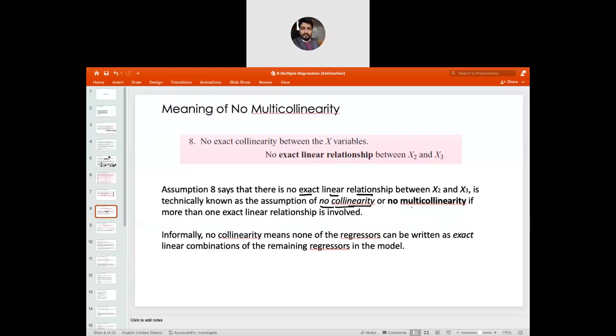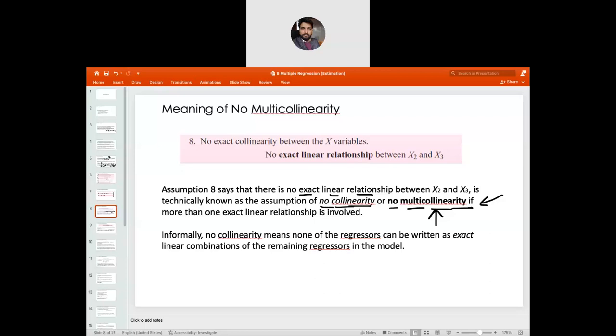Or in other words, to be more precise in terms of terminology, it is popularly known as the assumption of no multicollinearity. We will talk about multicollinearity in great detail in the next chapter, but here also I will explain it a little bit so that you understand what this assumption is all about.